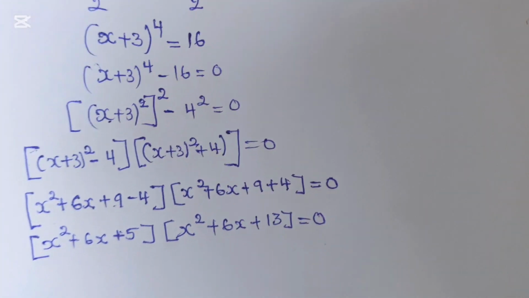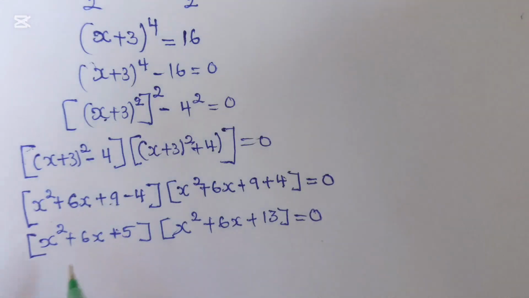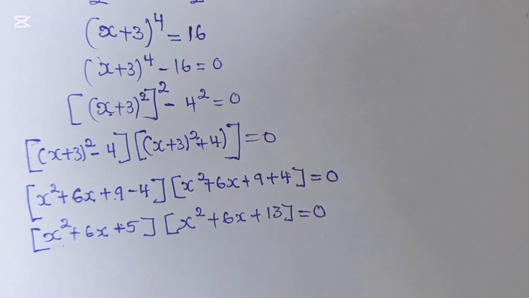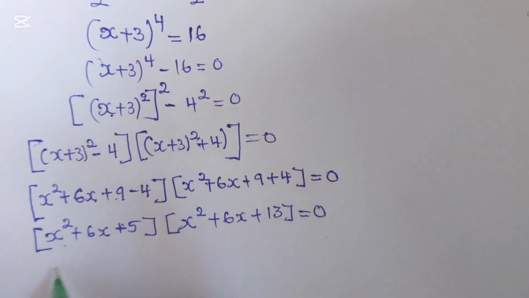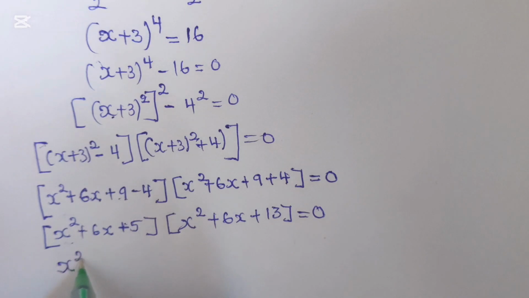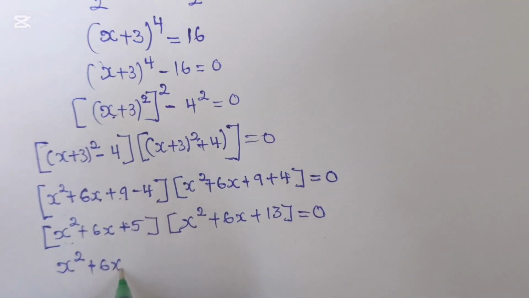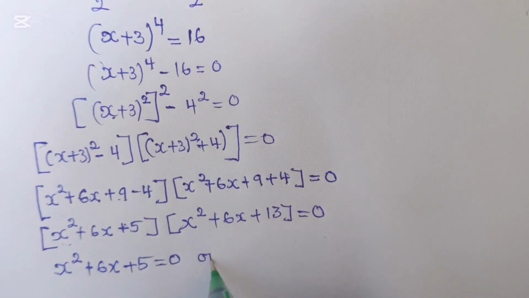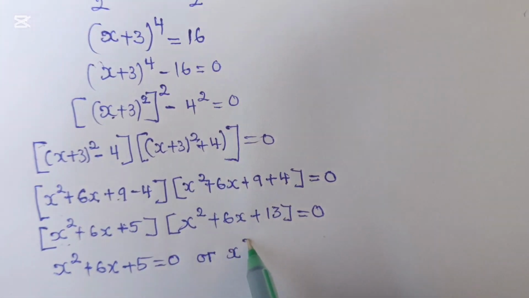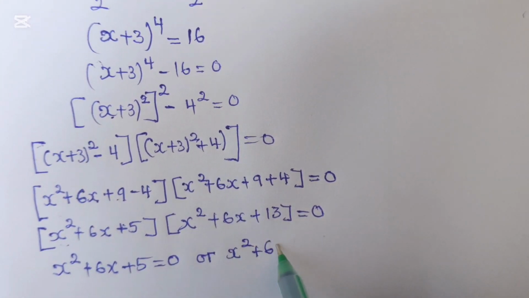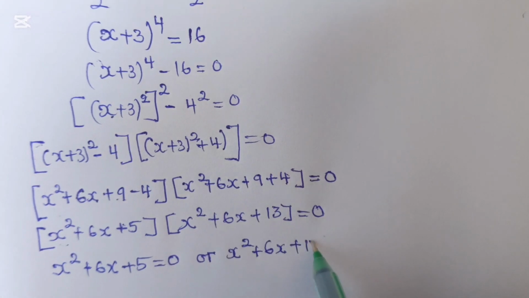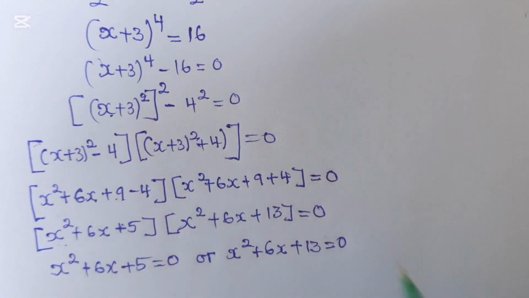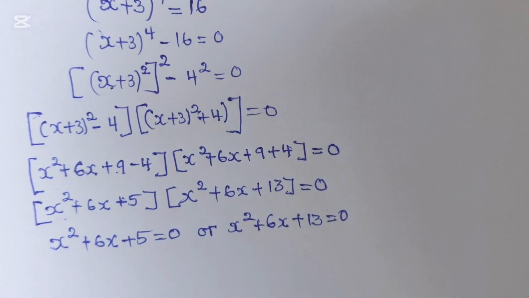Then here you have 2 equations which are quadratic and we can solve them separately: x squared plus 6x plus 5 equals 0, or x squared plus 6x plus 13 equals 0.